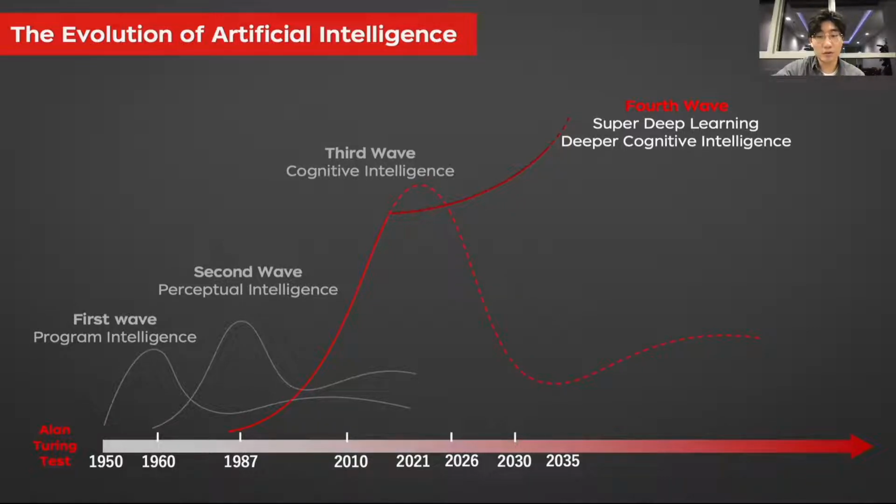The first three waves of AI made AI capable of large-scale applications, but of limited quality. In recent years, we have seen a boom in super deep learning, where deep learning models used to be small, maybe a few megabytes or tens of megabytes in size. By now, models such as GPT-3 have 170 billion parameters.